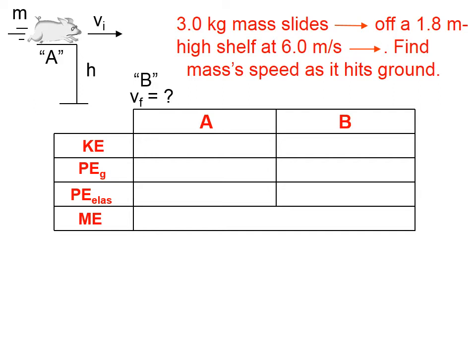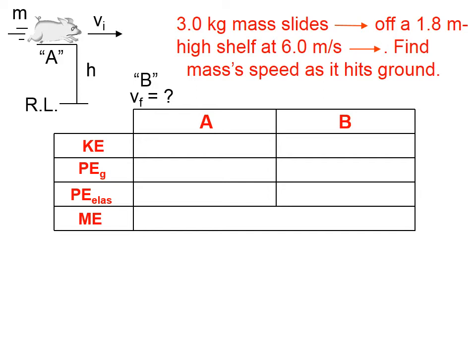We're going to calculate the various energies of the piglet in snapshot A and in snapshot B. Now, we note that one of those energies is gravitational potential energy. In order to calculate that, we must define a reference line. So I'm going to define the floor where the pig lands as the reference line. In other words, at that elevation, h equals 0.